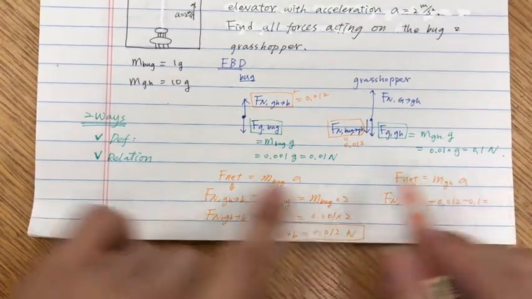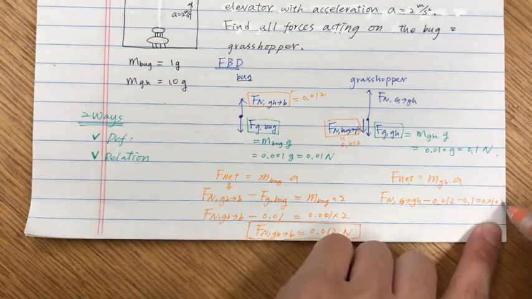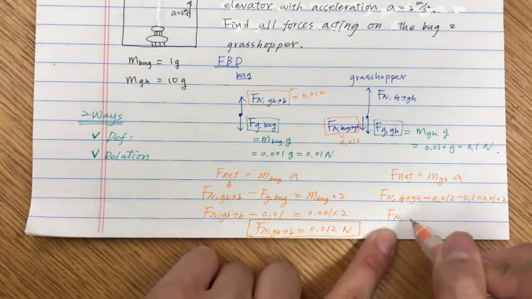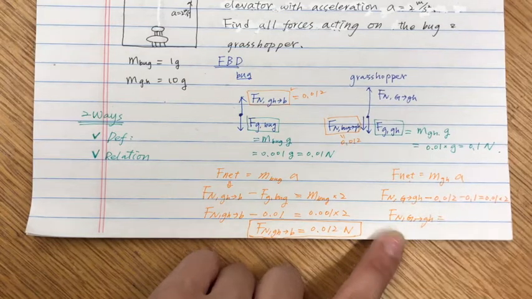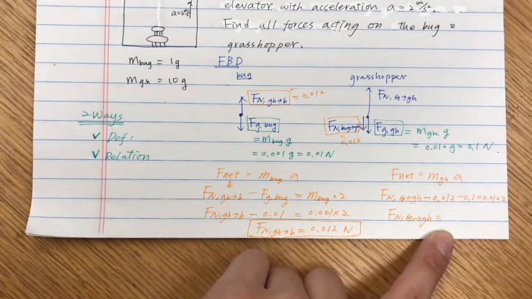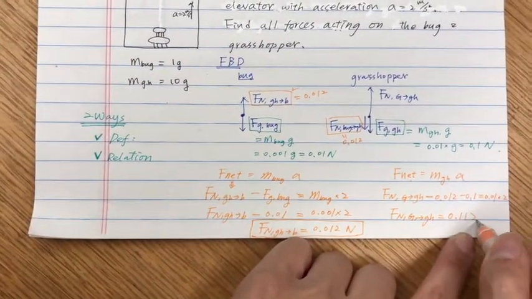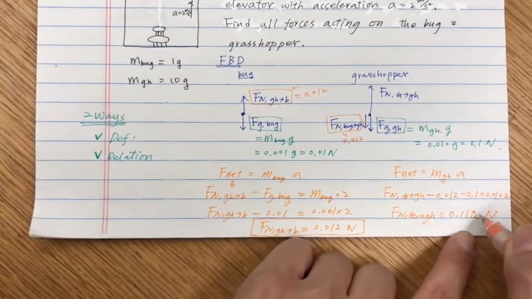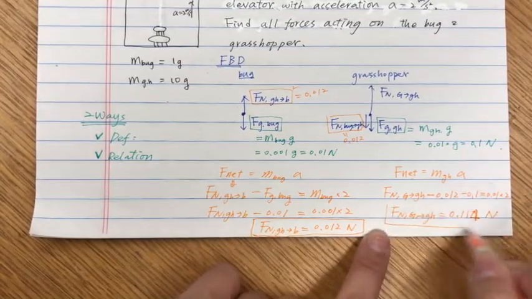And the m of the grasshopper, we know it's 10 gram, and the a is 2. All right, so now let's put them together. So here we get 0.112 Newton. All right, so this is our last one.